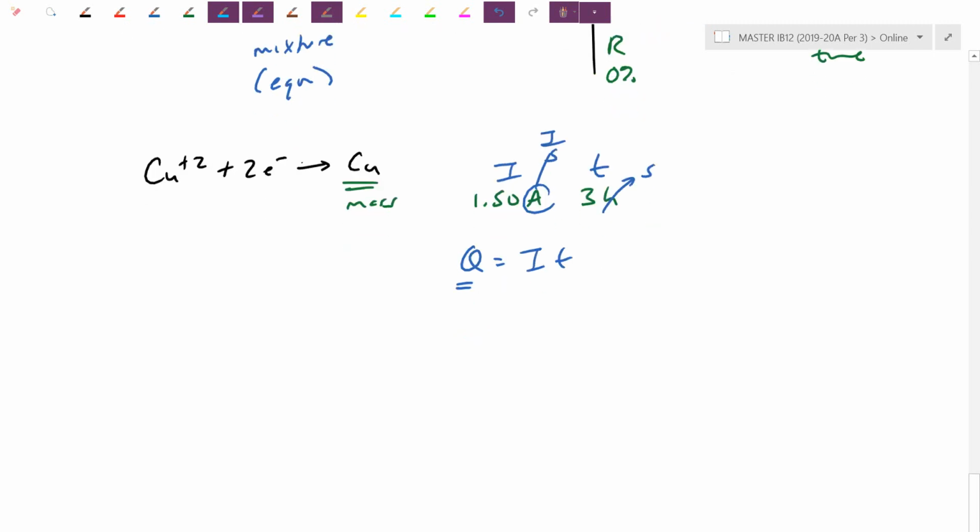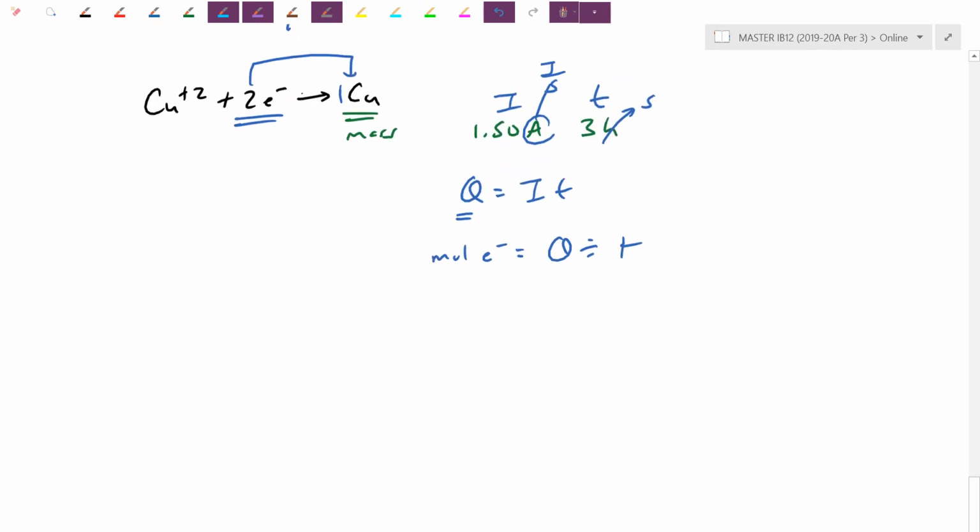Once I find the charge, I punch it through Faraday's constant. Take the charge and divide it by Faraday's constant, and that's going to tell you how many moles of electrons I'm transferring. In this case, 2 electrons are needed for every 1 mole of copper solid that gets produced.